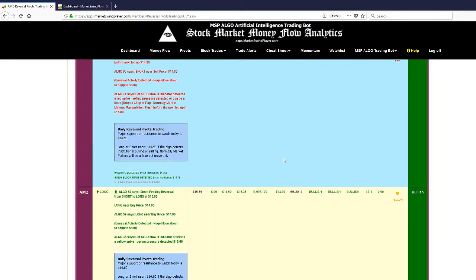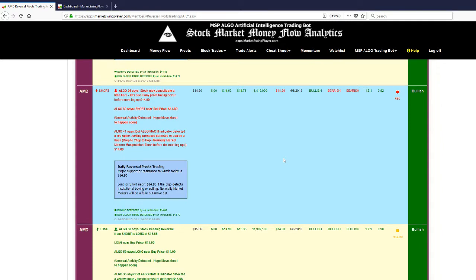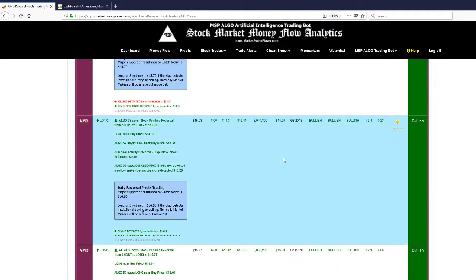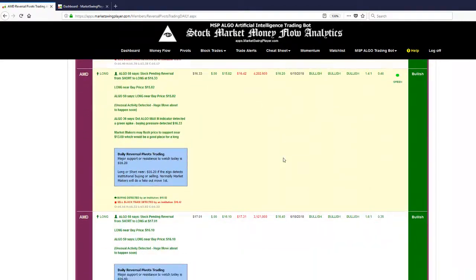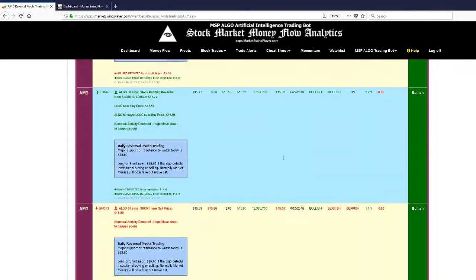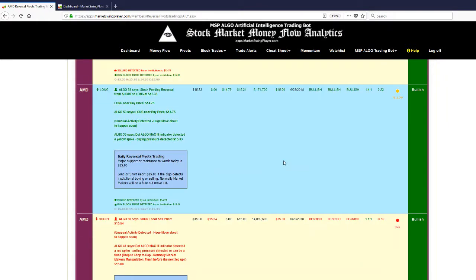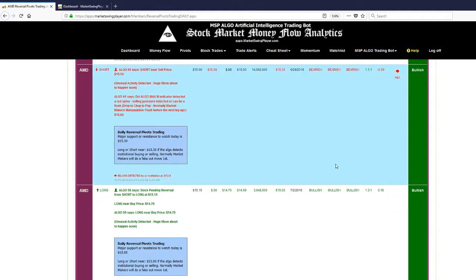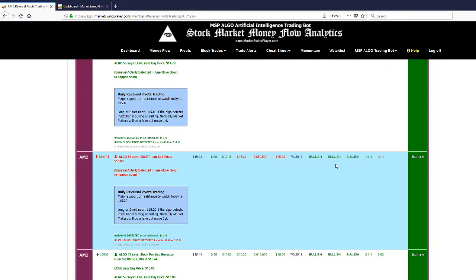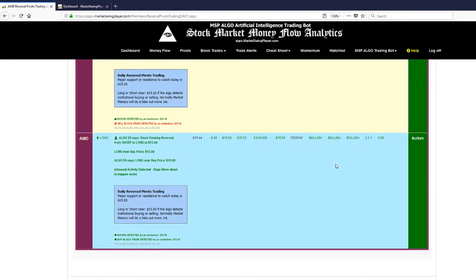But anyway, it just gives you a summary of that stock for the day in MSP ALGO's opinion, and lets you know what the current trend is based on the money flow. Okay? Only. It's not based on anything else.